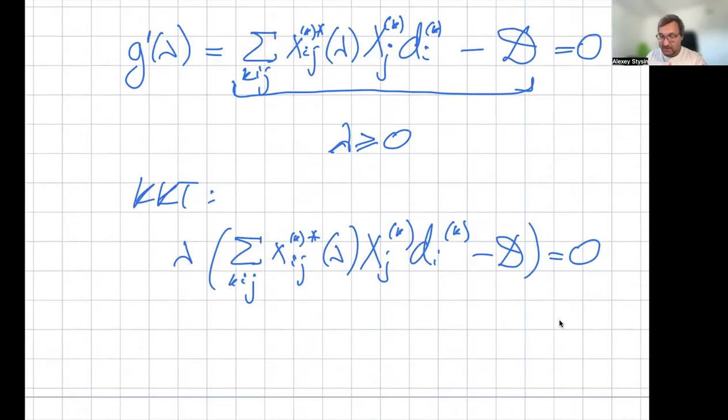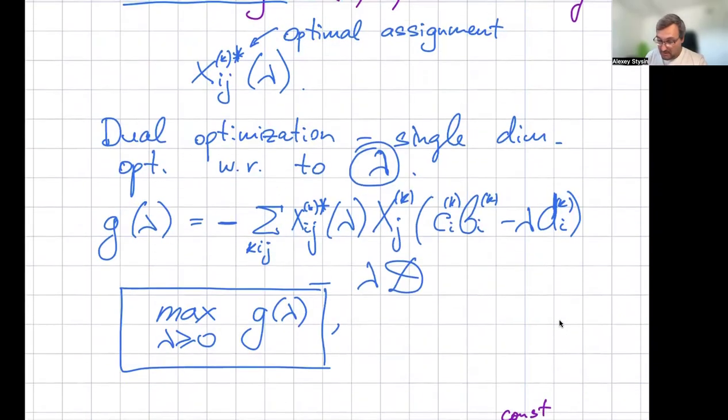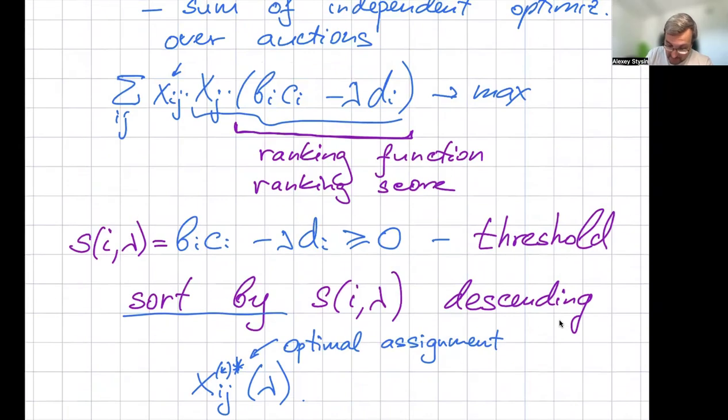So let me just rephrase again what we found. We found that with this separability assumption, with this additional simplification, in each auction we can solve the problem by using the ranking function here. This is the ranking function.